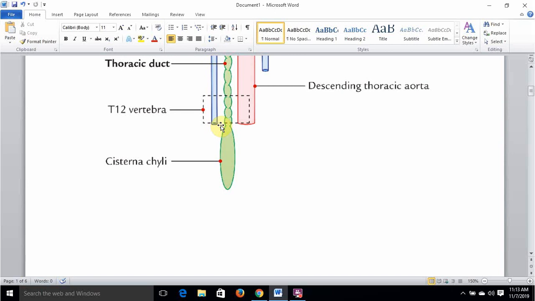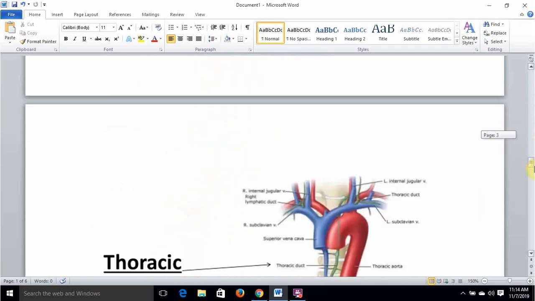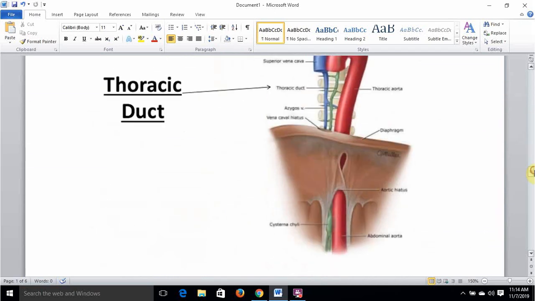So it enters the thorax via the aortic opening along with two structures, the azygous vein and the thoracic aorta, as can be seen at this point. This is the aortic opening or the aortic hiatus, and the thoracic duct enters alongside the descending thoracic aorta.